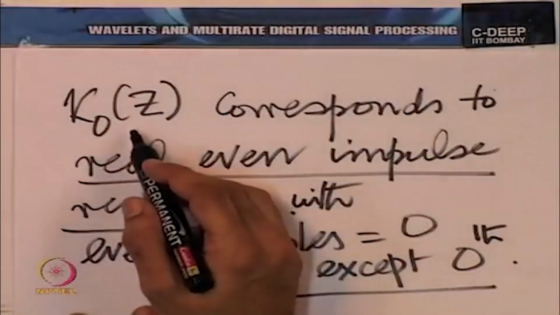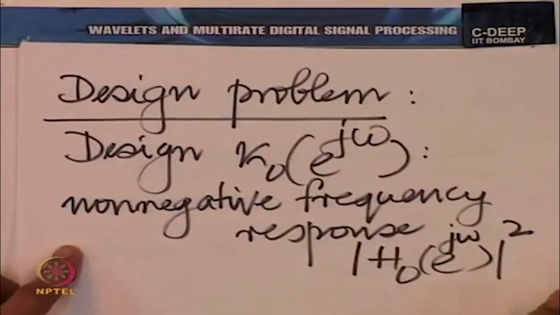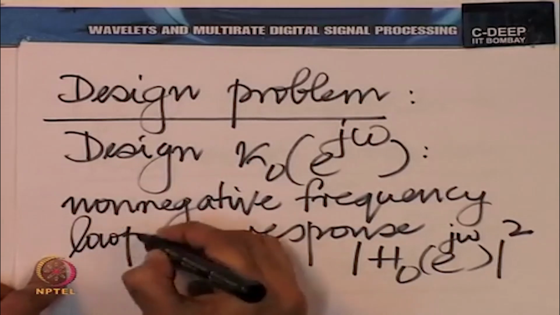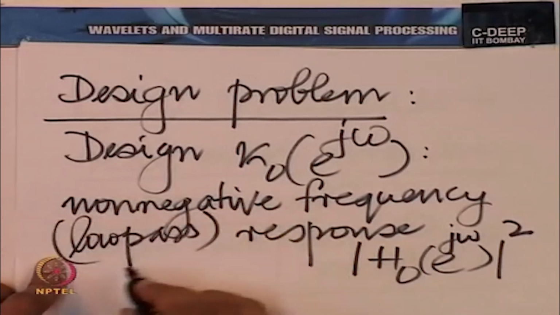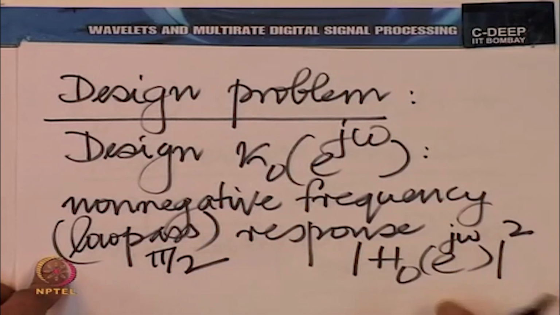So, you are trying to design a low pass filter. So, in fact, we should qualify this further, non-negative low pass frequency response. And what kind of a low pass frequency response? With a cutoff pi by 2.